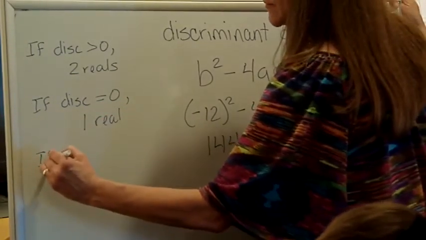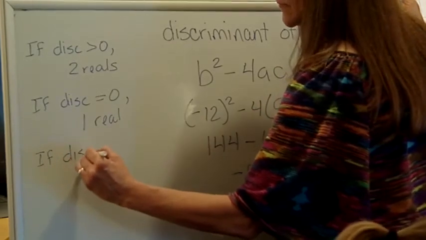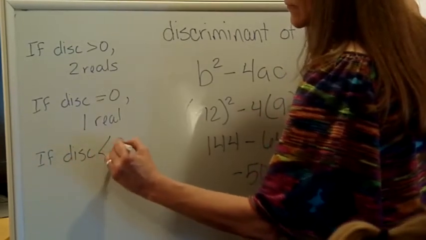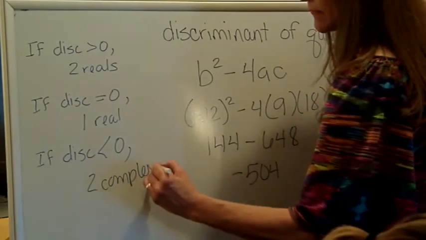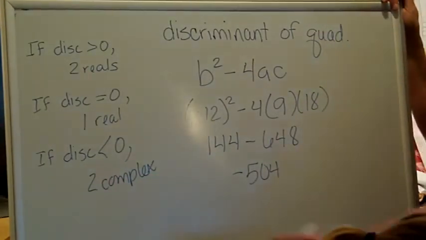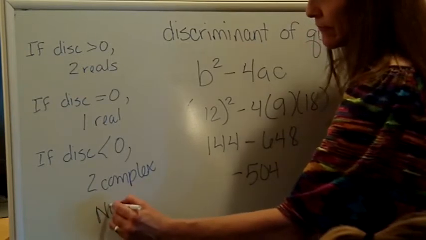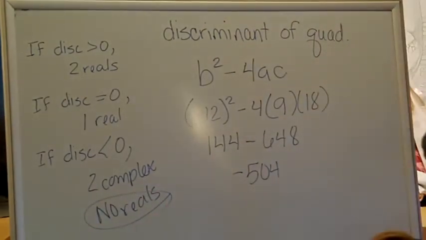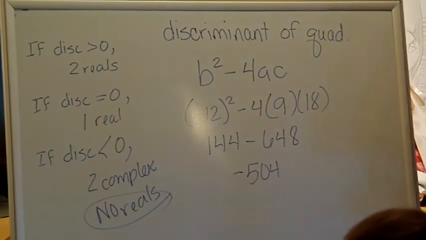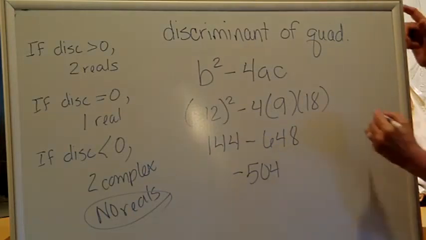And if discriminant is less than 0, you get 2 complex or imaginaries, however you want to write it. There's no reals. And that's what we have here because our discriminant was negative. Answer choice A.